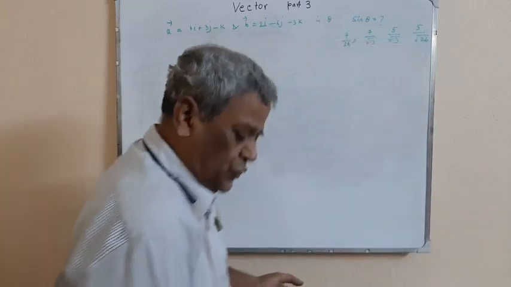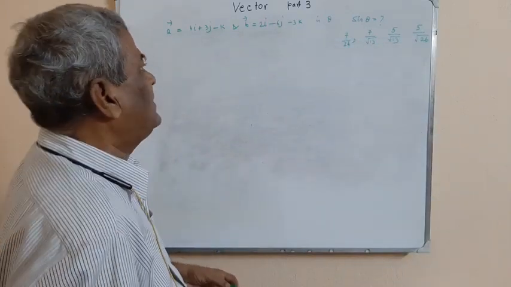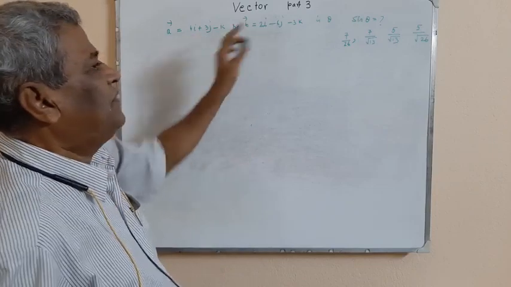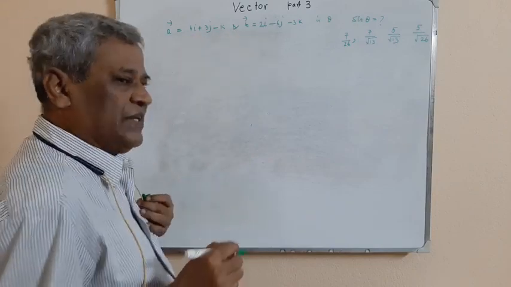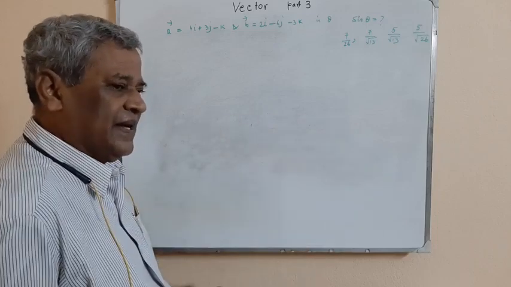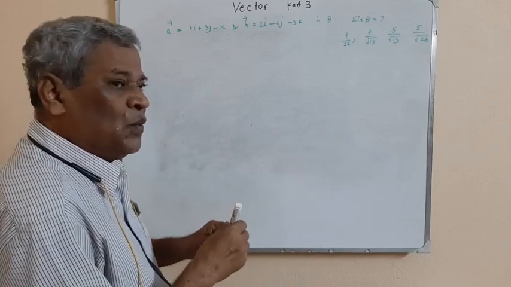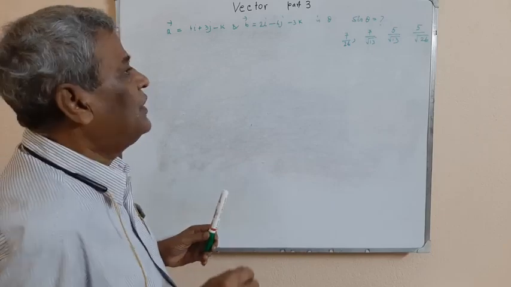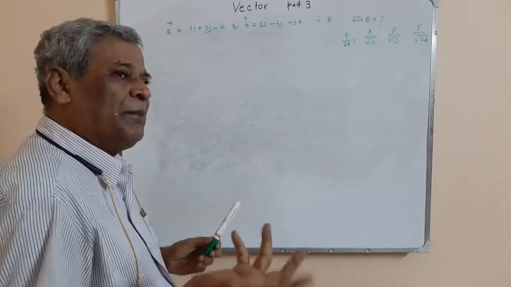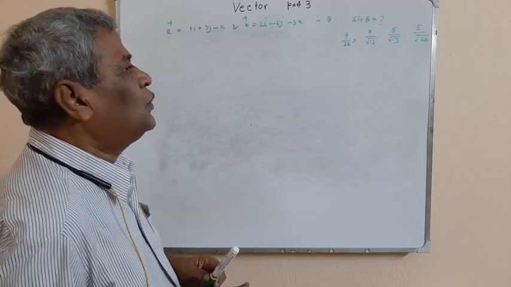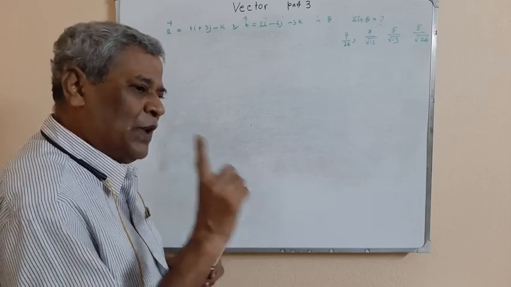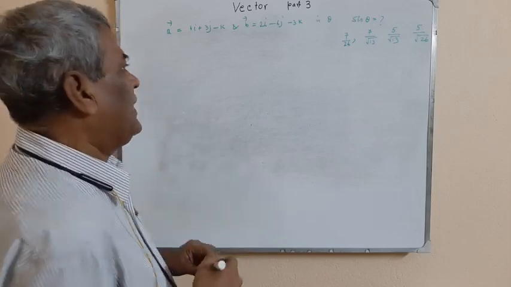This question is also very straightforward. Two vectors are given and it is given that the angle between them is theta. To find sine theta: if we are asked to find cos theta, then we apply dot product. For sine theta, we have to apply cross product.